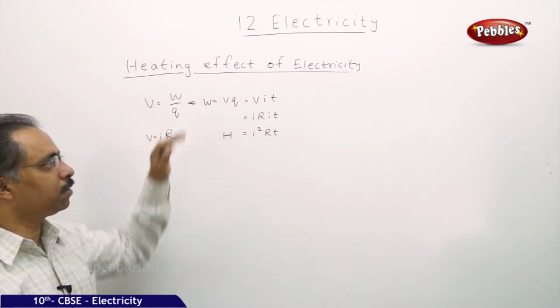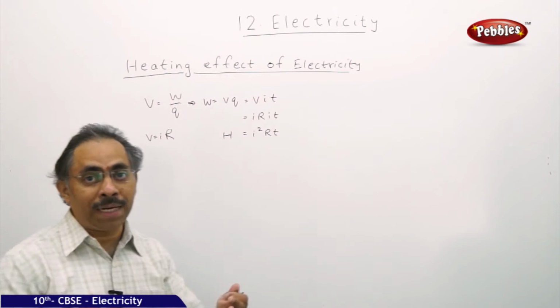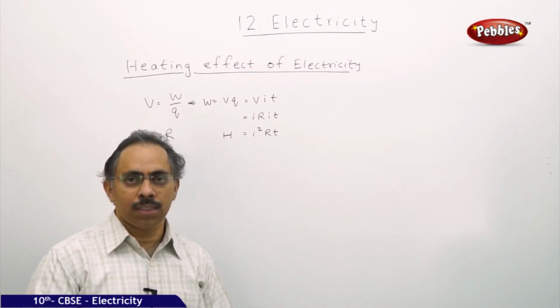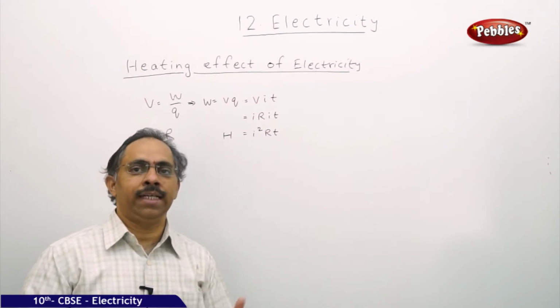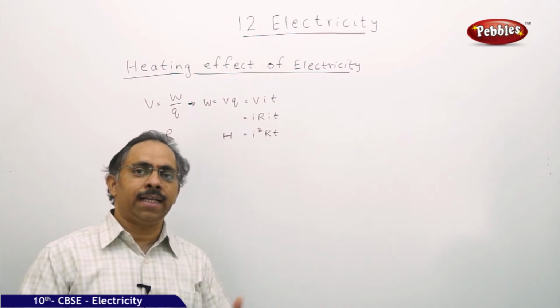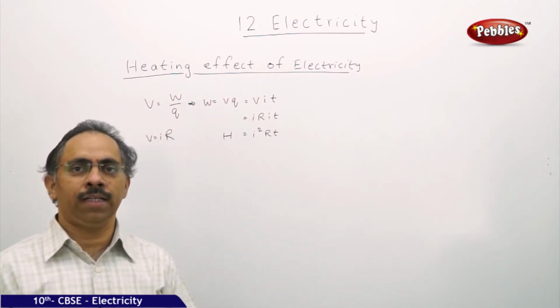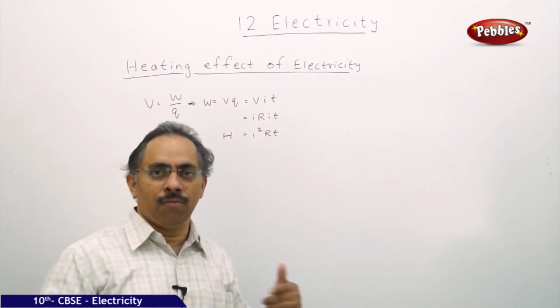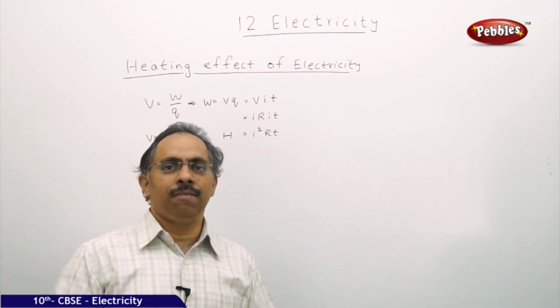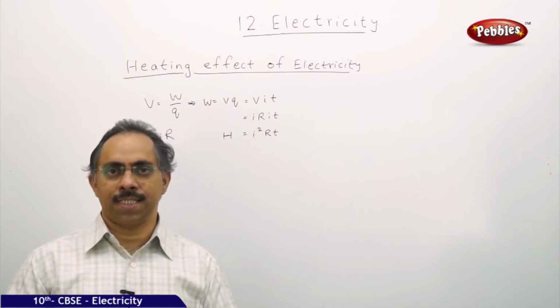When we talk about the heating effect of electricity and its applications, we have many applications wherein we use electricity to generate heat by passing it through a resistor. We can take the example of electric stoves, wherein we have a coil which we call a filament, and that filament has a high value of resistance.